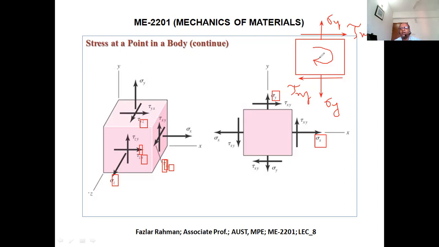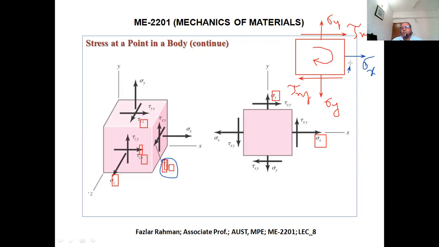If you take the other stresses, over here we have sigma x. So in this direction we have sigma x. And this one is 0, right? This will become 0. We have tau xy upward.